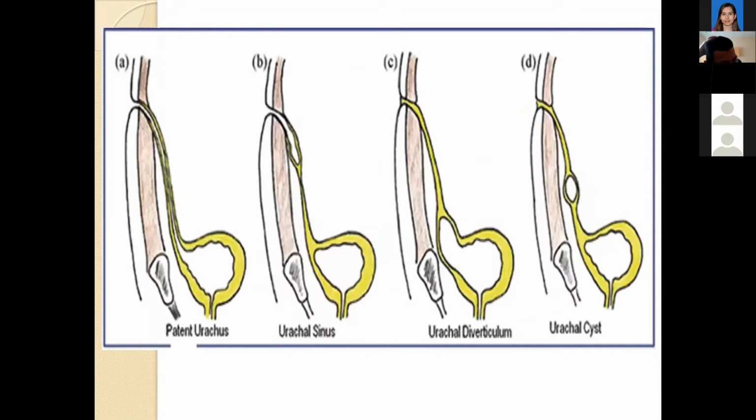This is another congenital abnormality of the abdomen, patent urachus. You may already have gone through it during genitourinary tract anatomy, but it can also become what we call an umbilical abscess. The collection will have a fistula to the umbilicus.